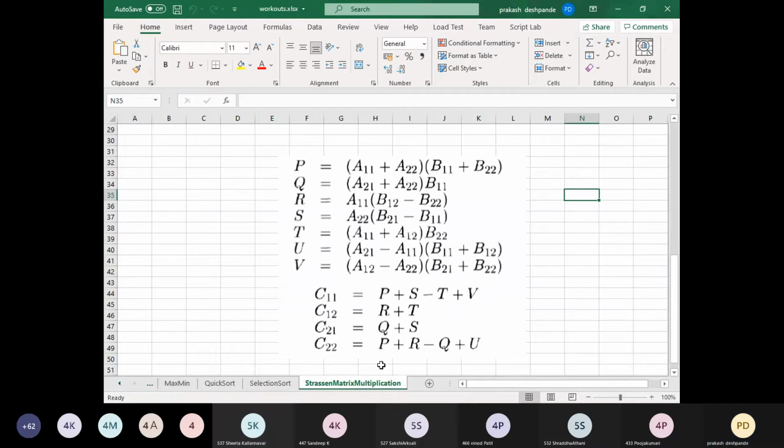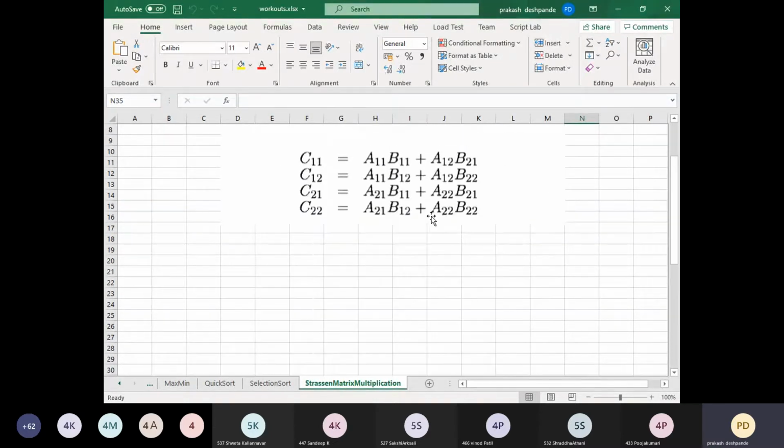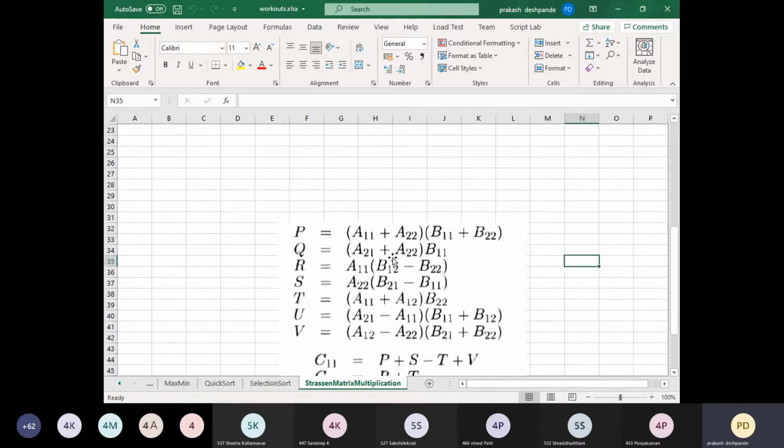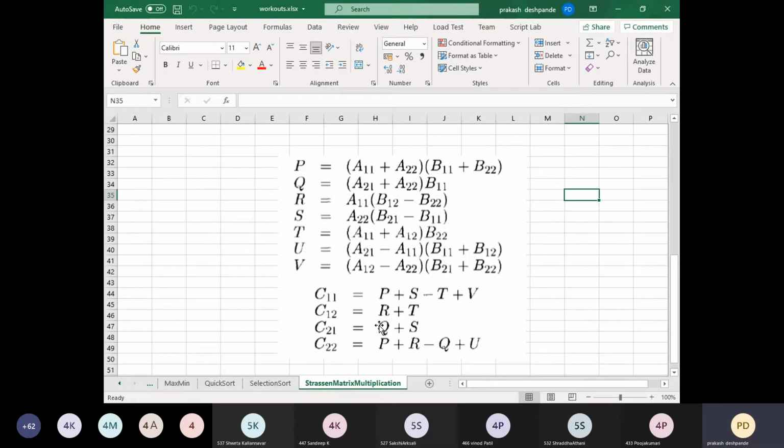If it is difficult for a human being, a computer can solve it very easily. For a computer, this is very easy compared with the traditional one, because there is one less multiplication here, which reduces the time complexity to a much lower side.